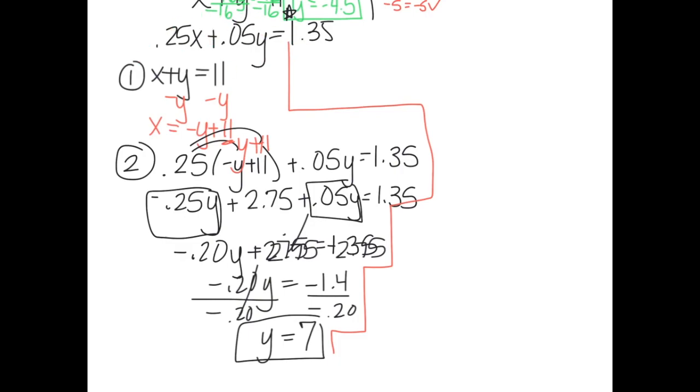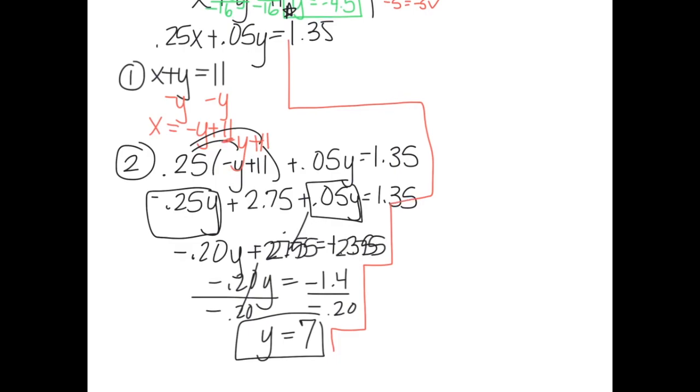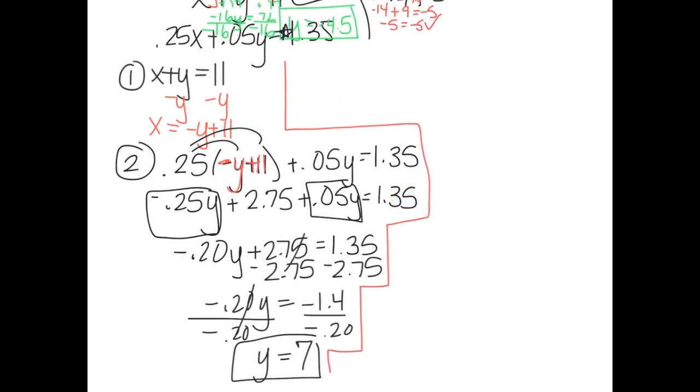You're going to take all of your x's and replace it with negative y plus 11. So we distribute it, right? We get negative 0.25y plus 2.75 plus 0.05y is equal to 1.35. Then you're going to combine your like terms. So you're going to have negative 0.2y plus 2.75 is equal to 1.35. And then solve. So you should get y is equal to 7.